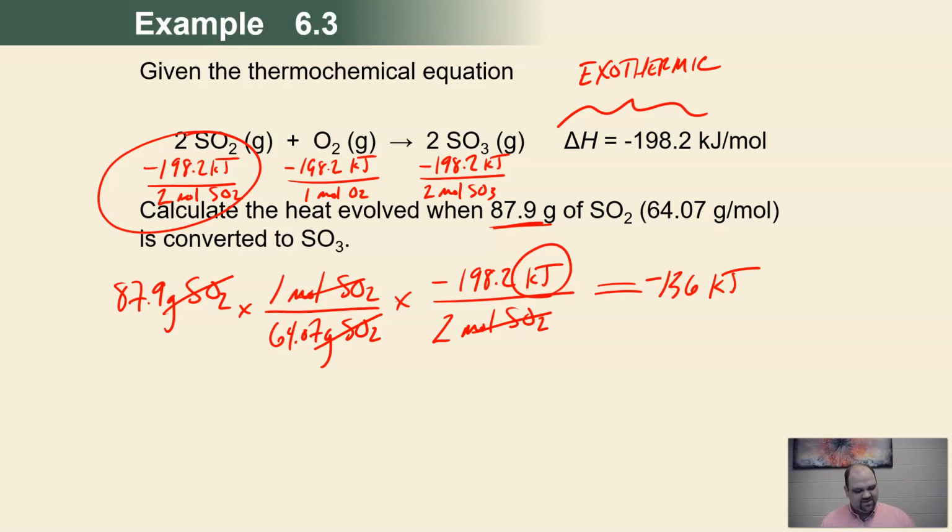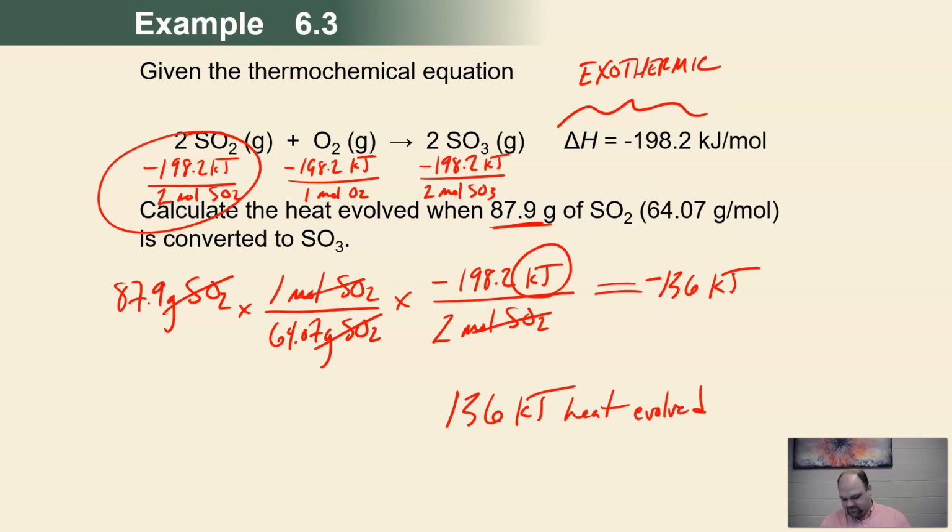The answer here, the heat for this reaction, is negative 136 kilojoules. If the question says how much heat is given off, we don't need that negative sign because negative amounts of heat weren't given off. That would mean heat was absorbed. And so it can get really tricky with wording. The answer that we should think about is 136 kilojoules of heat were evolved.